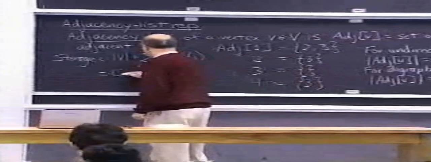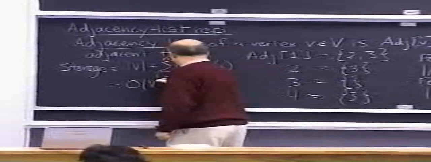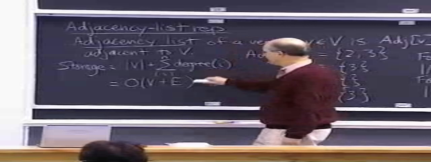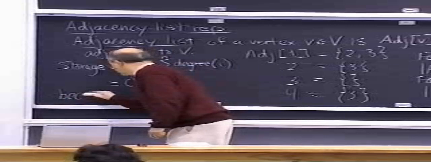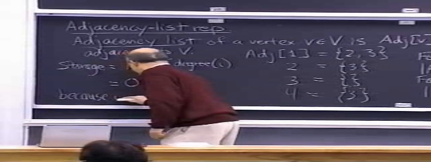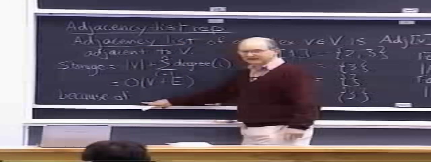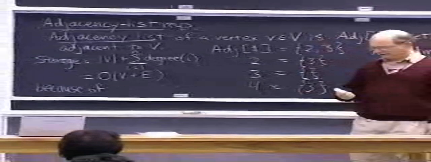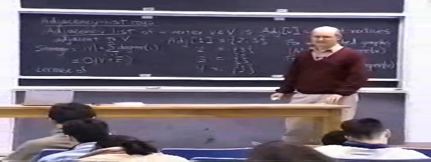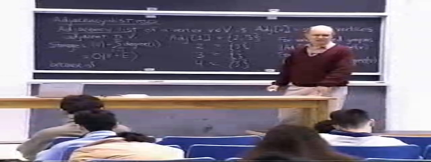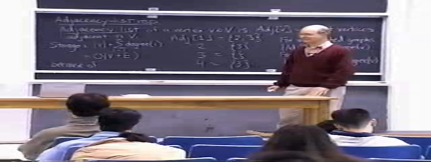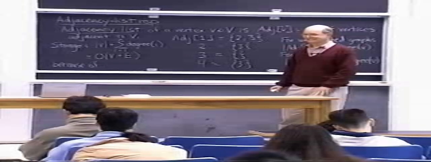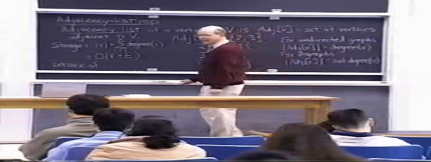So this is order V plus E, because this is just twice the number of edges. And what's the lemma that tells us that it's twice the number of edges? Who remembers these obscure combinatorial facts from 6.042 or elsewhere? This is called the handshaking lemma.